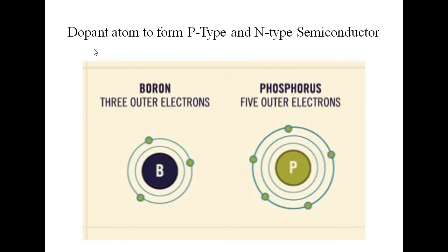So we require a dopant element. To create the p-type semiconductor, we require an impurity atom which has 3 electrons in the outermost shell, and to create the n-type semiconductor we require a dopant element which has 5 electrons in the outermost shell.